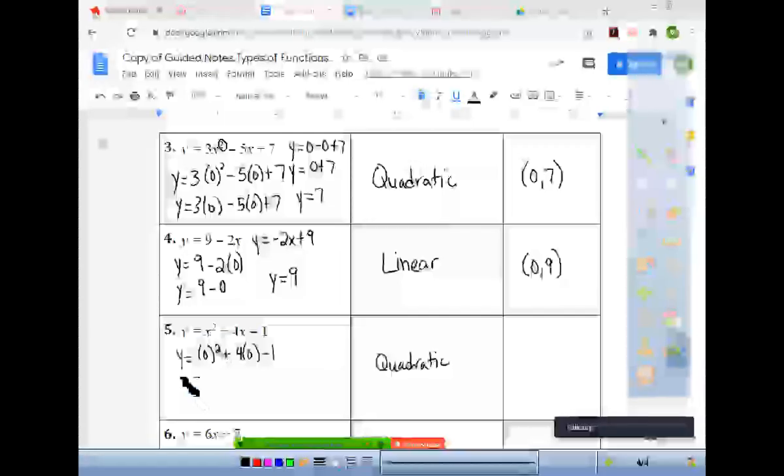So do my order of operations. I start with my exponent. What's 0 squared? 0. All right, might as well go ahead and do my multiplication here. What's 4 times 0? 0. We got 0 plus 0 is going to be 0, and 0 minus 1 is going to be negative 1. So my y-intercept is 0, negative 1.